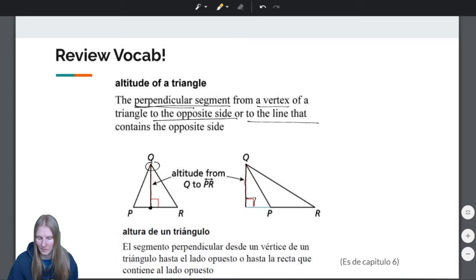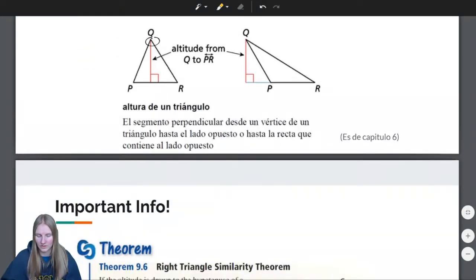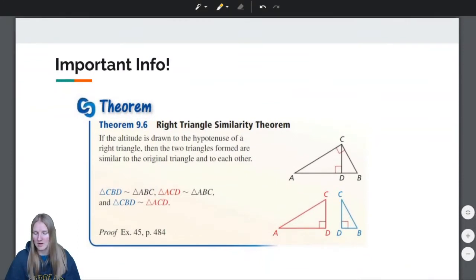That wouldn't be a right angle. So it's the line that contains the third side. Okay, so that's what an altitude is. It always makes a right angle, and it's from one vertex to the opposite side, or the line that contains the opposite side. All right, we're going to use these altitudes in our theorem.